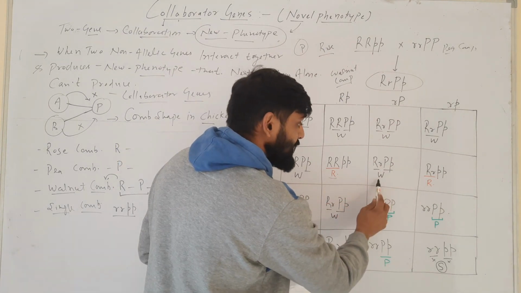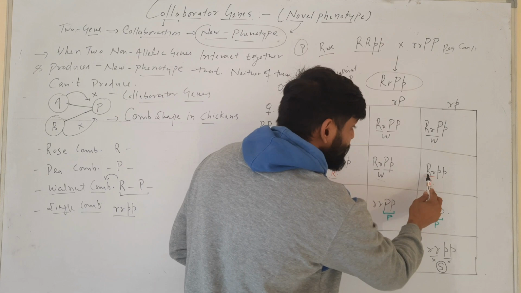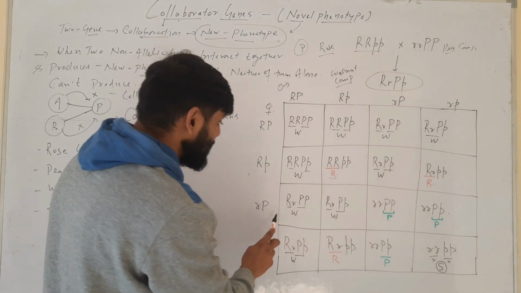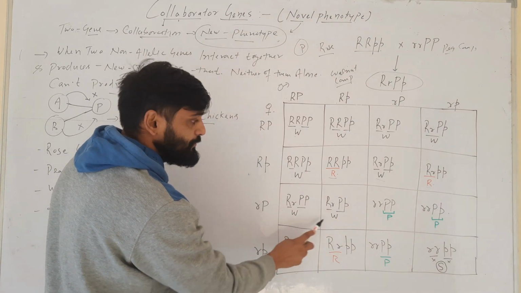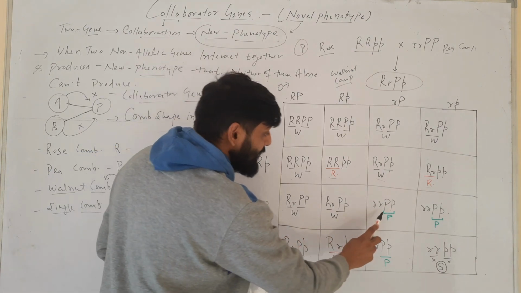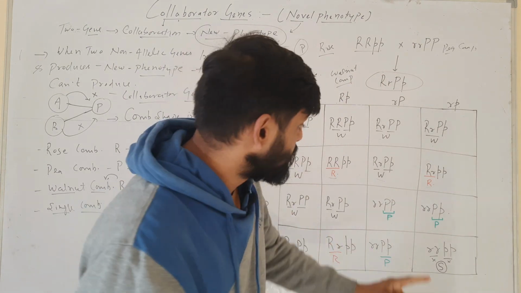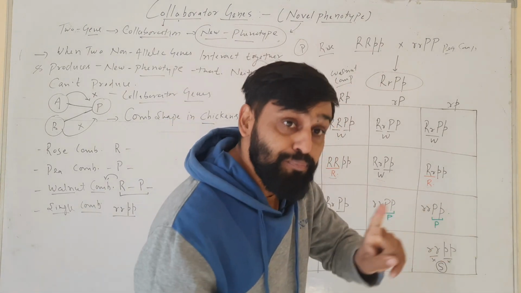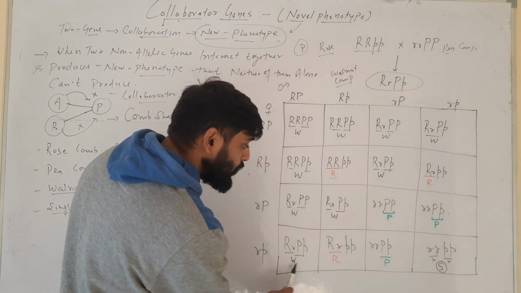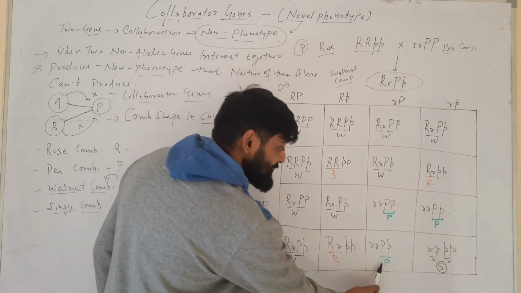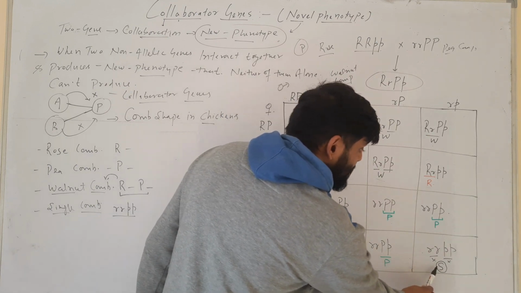In that case both are there, it will be walnut comb. Here only capital R is there, rose comb. Both are there, walnut. Here only capital P is there, that means it is pea comb. Only P is there, pea comb. Both are absent, then it is single comb.